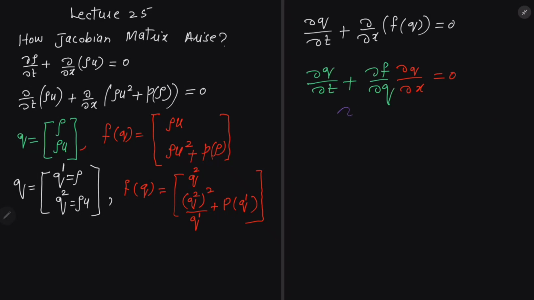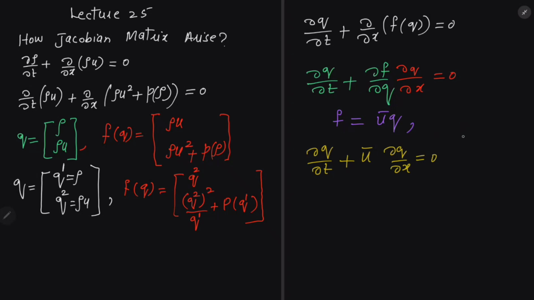If I set f equal to u bar q, then if I take the derivative of this flux function, partial f by partial q, we get u bar. So this derivative becomes u bar, and we get partial q by partial t plus u bar partial q by partial x is equal to 0.